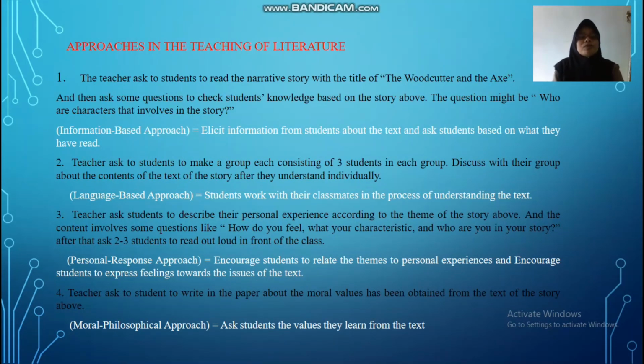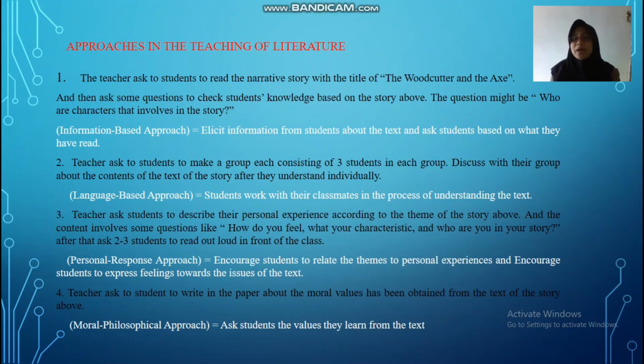So now, this is an example of a lesson or teaching approach in the literature class. Number 1, the teacher asks 2 students to read the narrative story with the title The Woodcutter and the Eggs, and then asks some questions to check students' knowledge based on the story above.